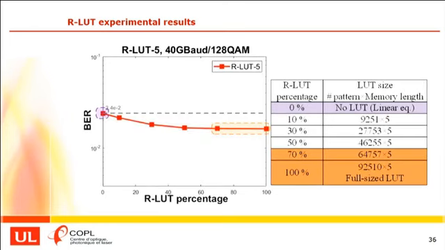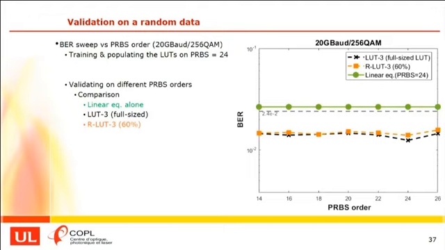In terms of the 40 gigabaud, now we're looking at a memory depth of 5 that was examined to make sure that we had some margin in keeping below the threshold. And even in this case, we could go down to 70% coverage and still get good, robust performance.